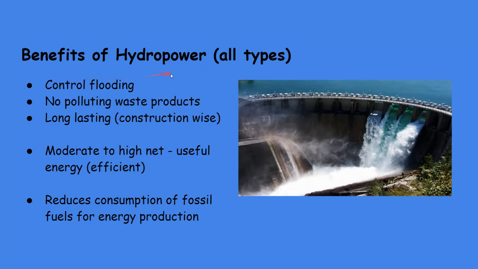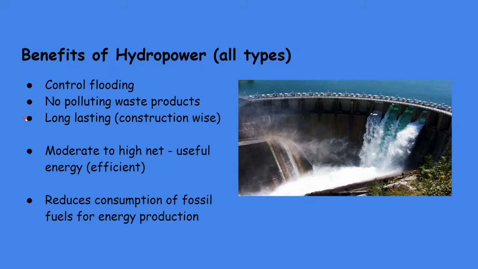So the benefits of hydropower, all the different kinds of hydropower: it's a way that you can control flooding because you're limiting the amount of water that can be passed through. You're not producing any waste products because you're not burning anything. The fuel itself is water, and you're just using that water to spin the turbine. It's long lasting construction wise.